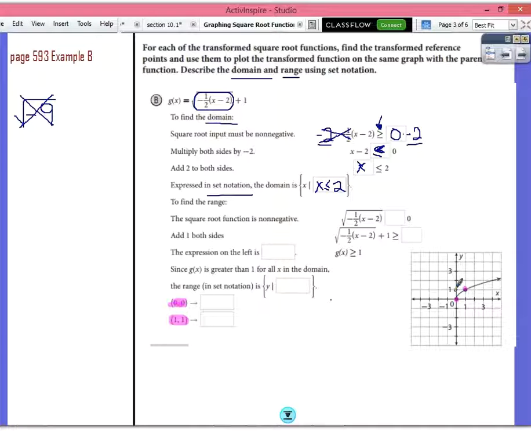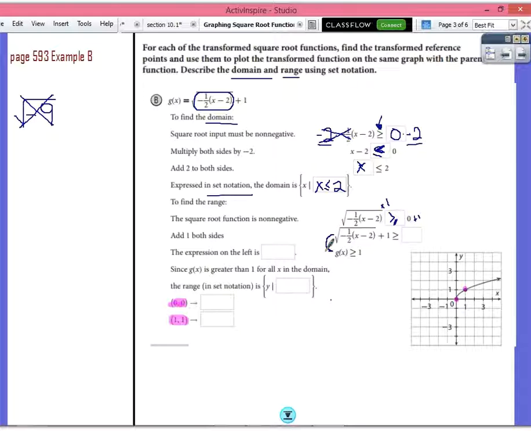Okay, so what they say first is that the square root function is non-negative, so this has to be greater than or equal to 0 again. Then they add 1 on both sides. If I add 1 here and I add 1 here, on the left side I'm going to get negative square root of negative 1/2 times x minus 2, plus 1. What is that expression on the left?